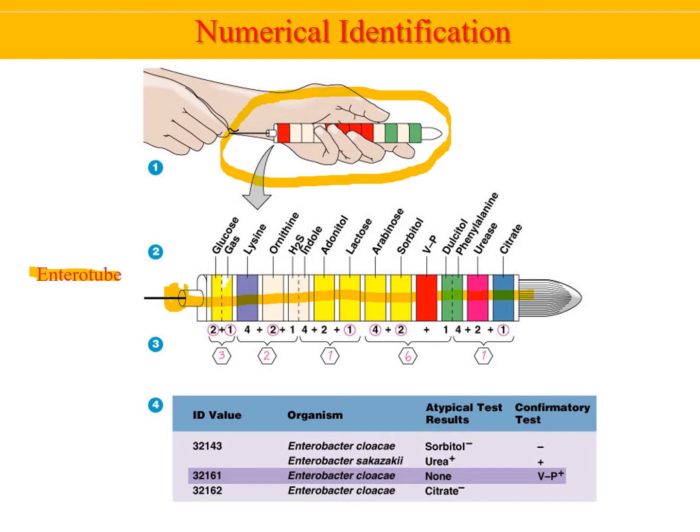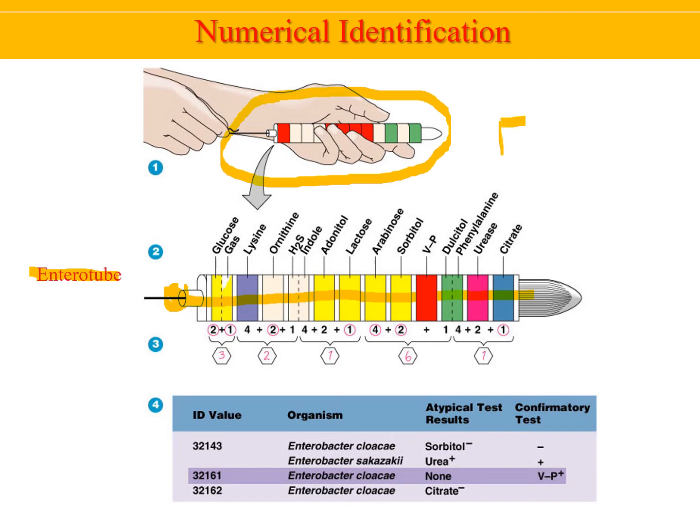Each compartment has reagents in it that give a characteristic result, either a change in color or gas formation, things like that. So it can readily identify one type of enteric organism from the other.